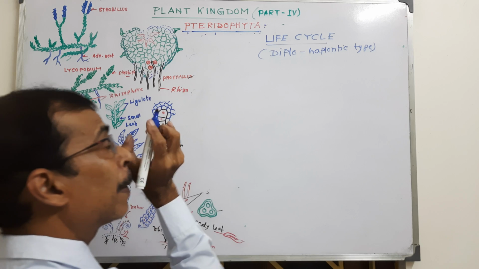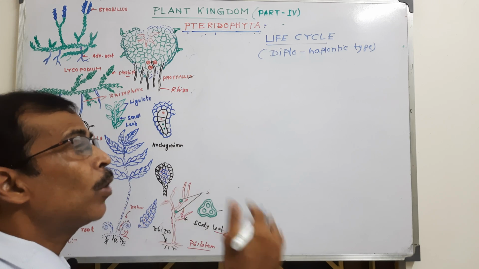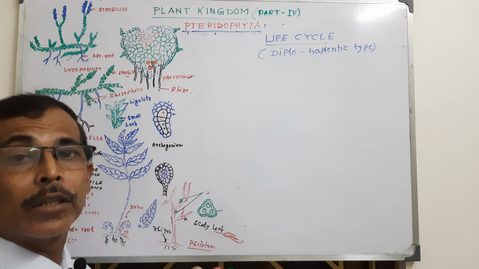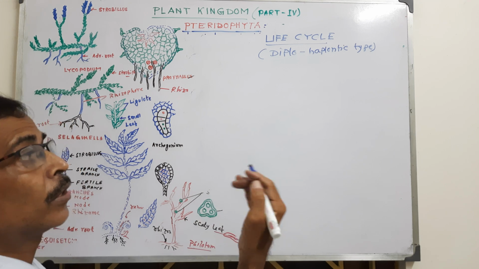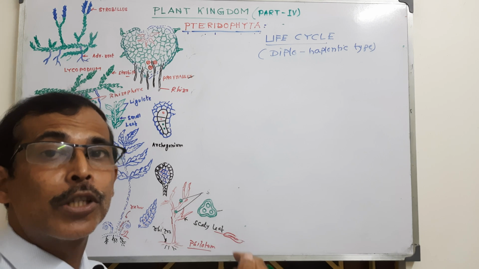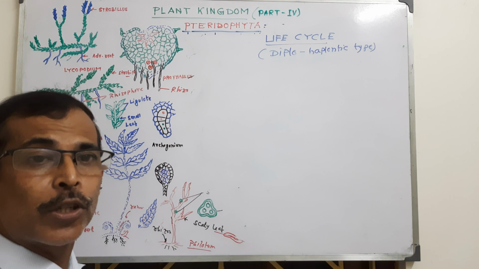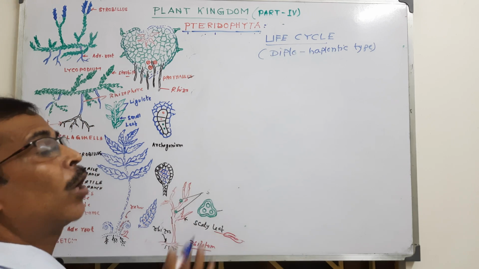The characteristic feature of this cycle is sporic meiosis. That is, here meiosis takes place during spore formation from the spore mother cell in the sporophytic body. This is the characteristic feature of the diplohaplontic life cycle.